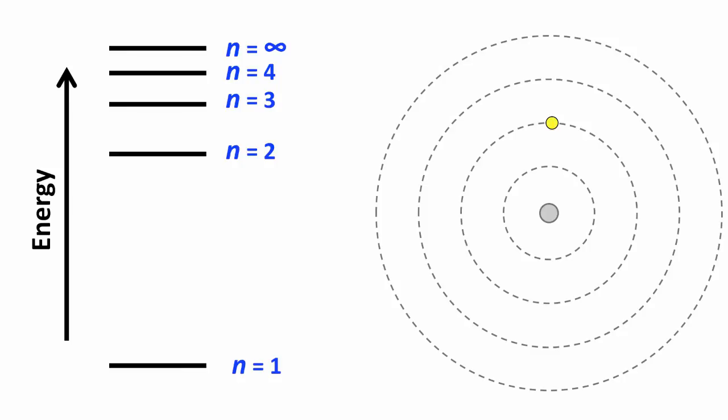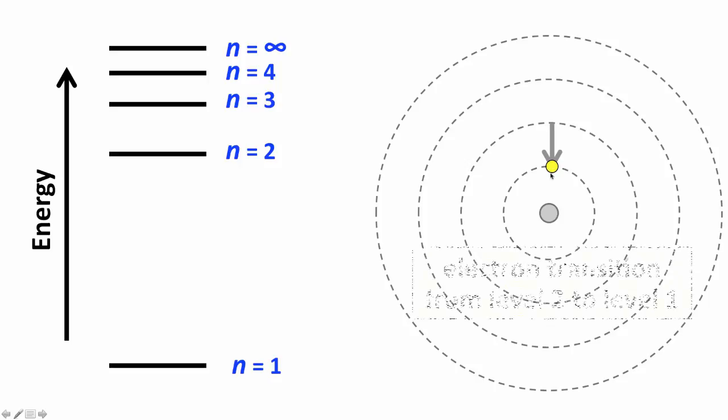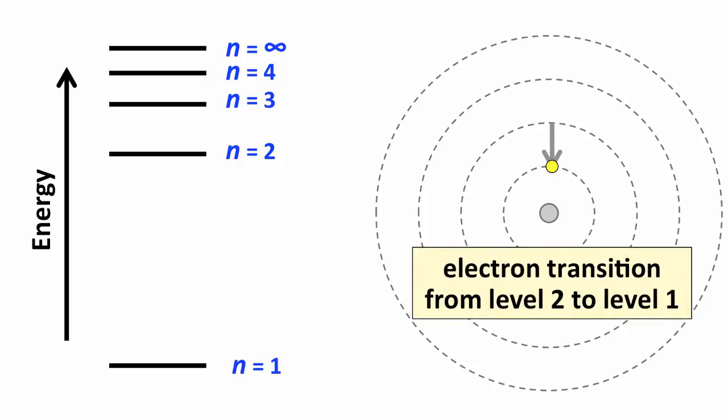Now, what we can also do is pay attention to the transitions between electron energy levels. When a hydrogen atom electron is energized, goes to the second energy level, and then goes back down to the first, it undergoes this electron transition from level 2 to level 1.